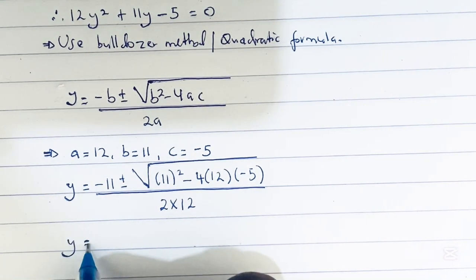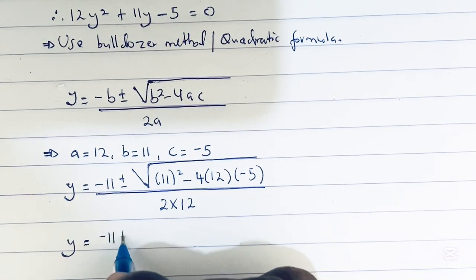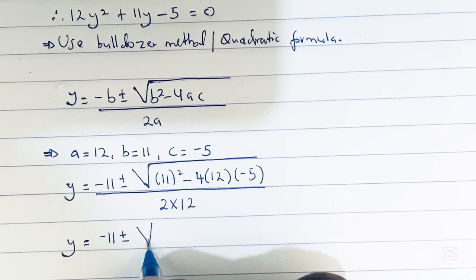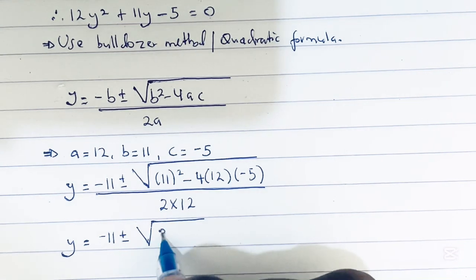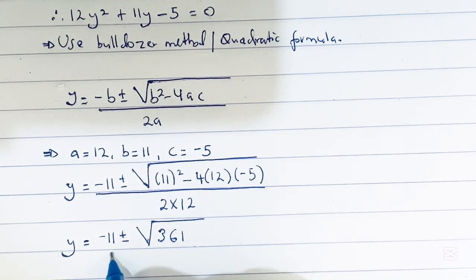So y is going to be equal to negative 11 plus or minus the square root of 11 squared is 121 minus 4 times 12 times negative 5 is 361, over 24.